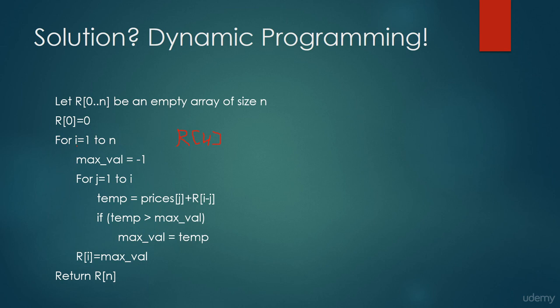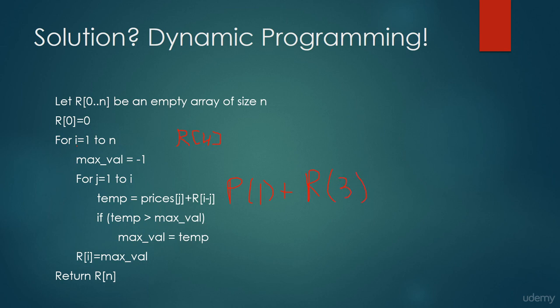We go for j equal 1 to i, and I calculate P of 1 plus R of i minus 1, which is 4 minus 1, so R of 3.